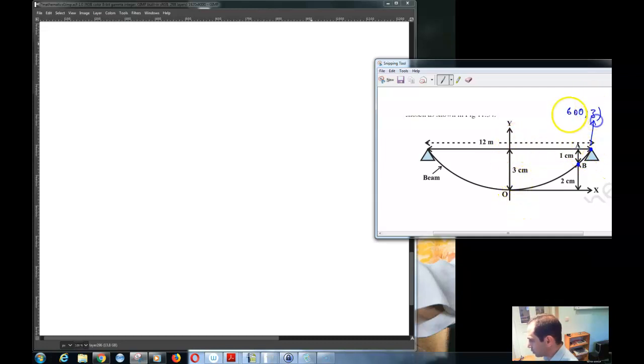So the coordinates are 600, 3, which means the parabola does go through this point.